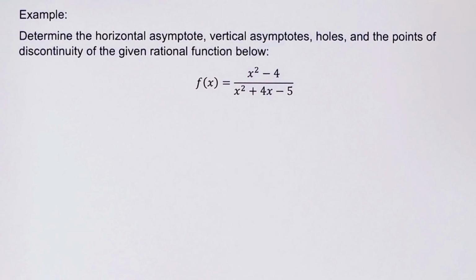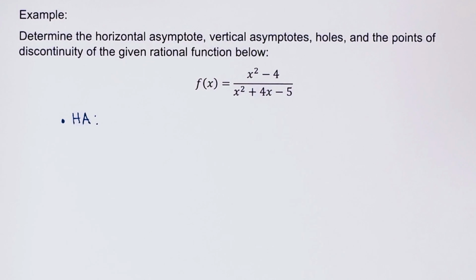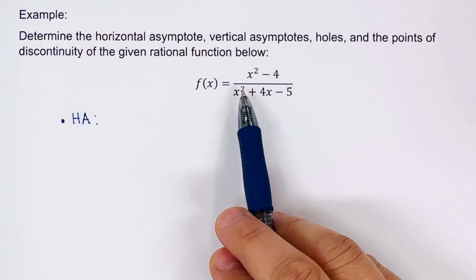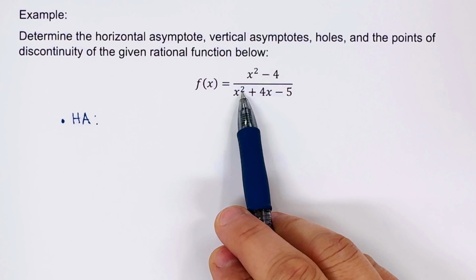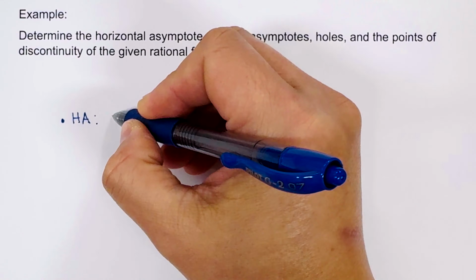Okay, so let's first find the horizontal asymptote for this given function. Looking at this function, the degree of the numerator is 2 and the degree of the denominator is 2. So that means this is an example of case 2.